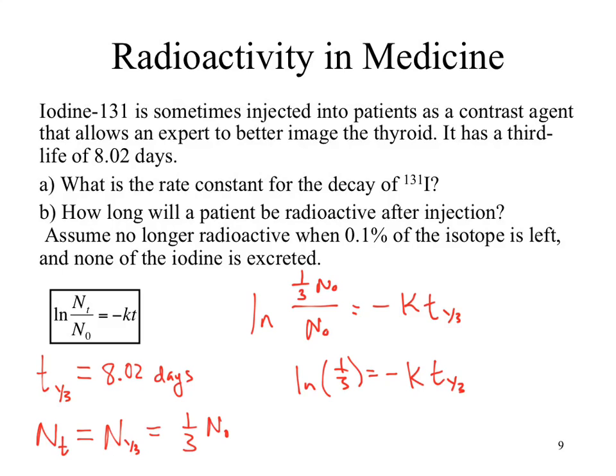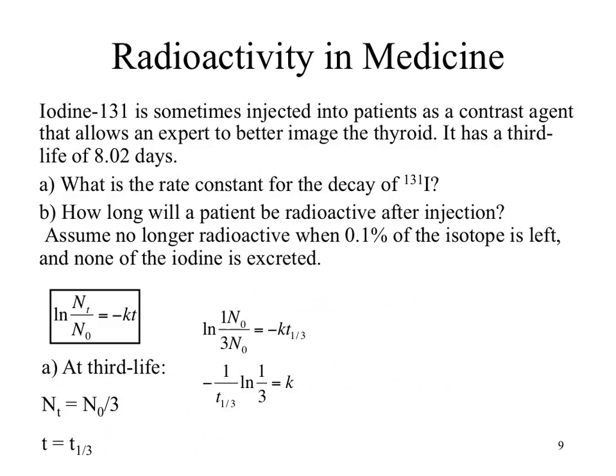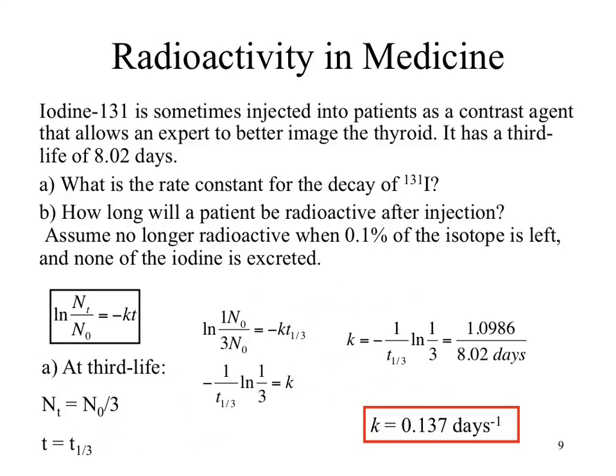We can plug in our third life of 8.02 days, and solve for our rate constant. So all we're doing is plugging in all of our numbers, and we get a rate constant of 0.137 inverse days. Why is it inverse days and not something we're more used to, like inverse seconds?